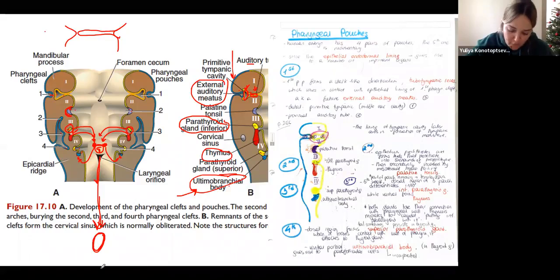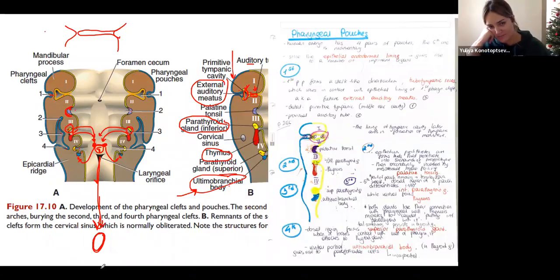A very common question that they can ask you is this. If you do not see the inferior parathyroid glands on the surface of the thyroid gland, as you know, behind the thyroid gland we have two superior parathyroid and two inferior parathyroid.